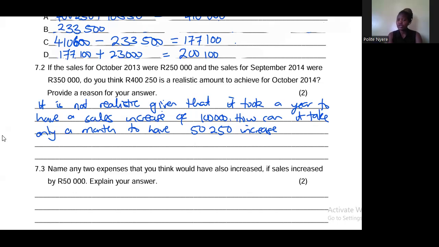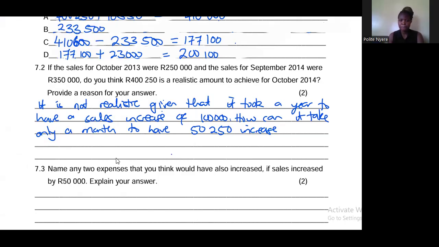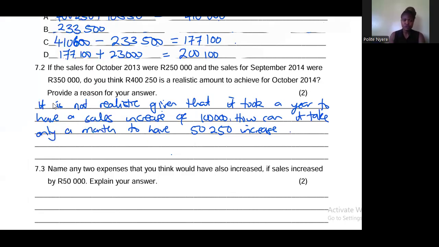So it is not going to make sense. How did I get the 50,250? I just said 400,250 minus 350,000, so you get your 50,250. So that is the reason.